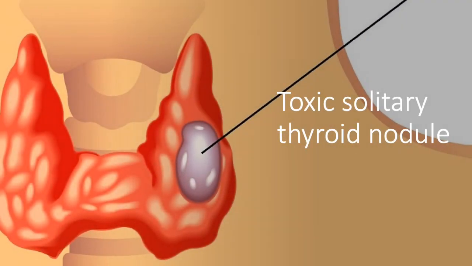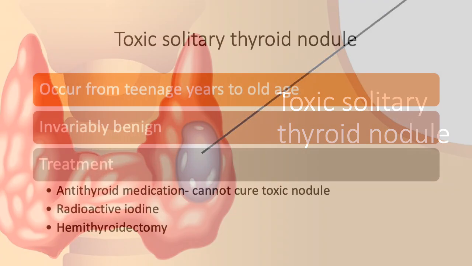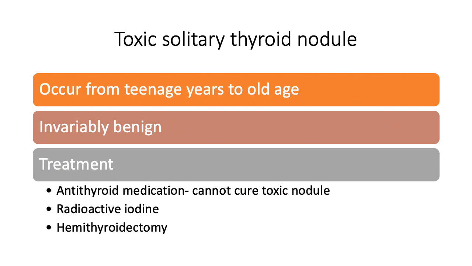The third common cause of thyrotoxicosis with hyperthyroidism is toxic solitary thyroid nodule. Toxic nodule occurs from teenage years to old age. If we recall what we have done previously, Graves' disease occurs in young people, toxic multinodular goitre occurs in the elderly, and toxic nodule occurs from teenage to old age.